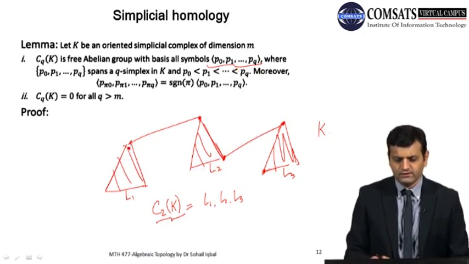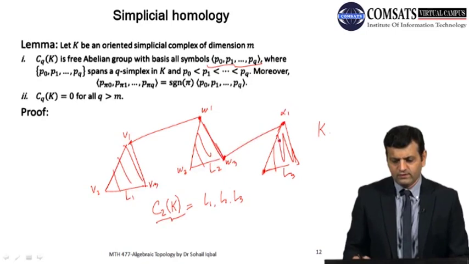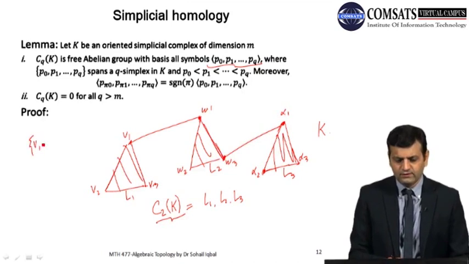Now, of course, if this is the vertex, for example, this is V1, V2, V3, and this is W1, W2, W3, this is alpha 1, alpha 2, alpha 3. If, for example, I take V1, W1, W2, in principle this generates a 2 simplex, but that 2 simplex is not contained in K. So that's the important condition.